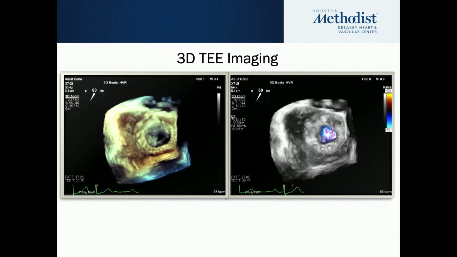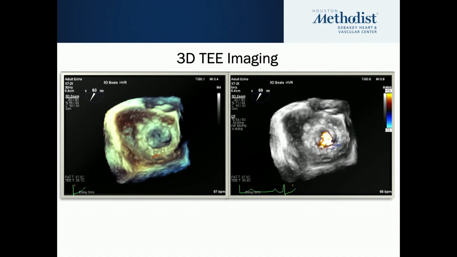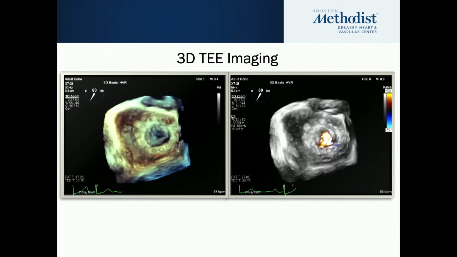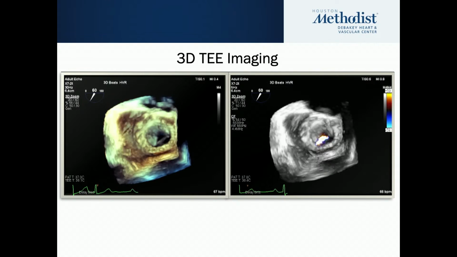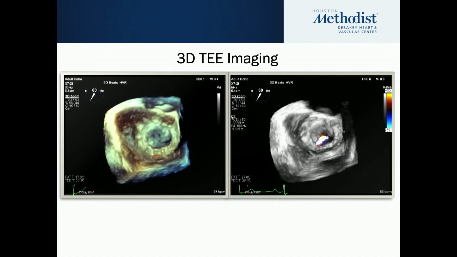On the left-hand panel, we see the thickened mitral valve leaflets with restricted opening, and on the right-hand panel in systole we can see the mitral regurgitation jet, and in diastole we can see flow acceleration through the mitral valve, suggestive of significant stenosis.